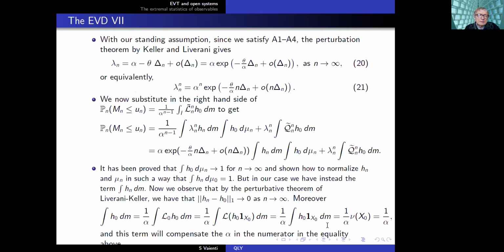Okay, now a brief explanation of this spectral technique, which I told you we are going to use.